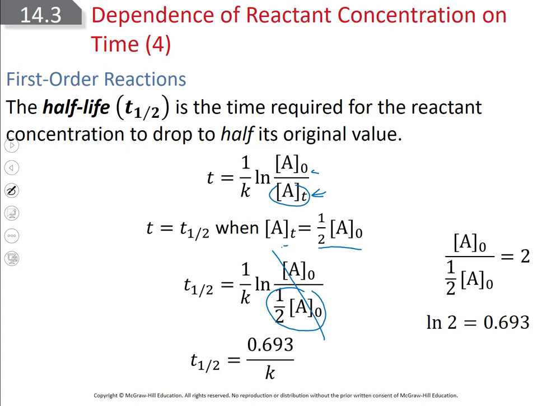Somebody plug in their calculator. Natural log of 2 is 0.693. So we can rewrite that the half-life is equal to 0.693 over k. Yep, that is our final equation.